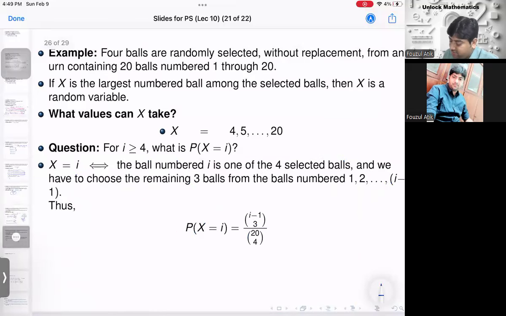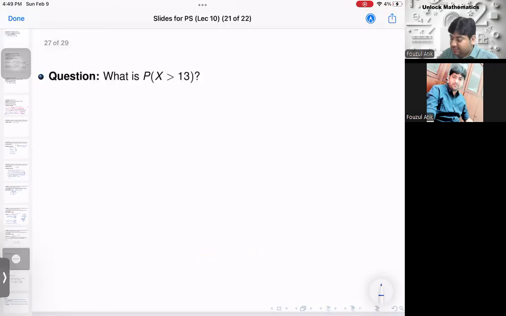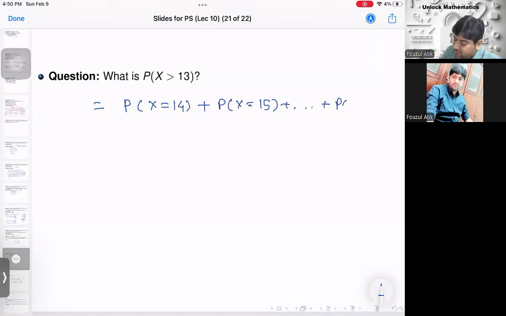Now look at this one we already discussed: P of X equal to i is i minus 1 C3 divided by 20C4. Now what is P of X greater than 13? You can do this in two ways, because we know that all the probabilities of the random variable, X equal to 4, X equal to 5, up to X equal to 20, sum to 1. So you can calculate 1 minus that event, or you can take it as P of X equal to 14 plus P of X equal to 15 plus and so on up to P of X equal to 20.